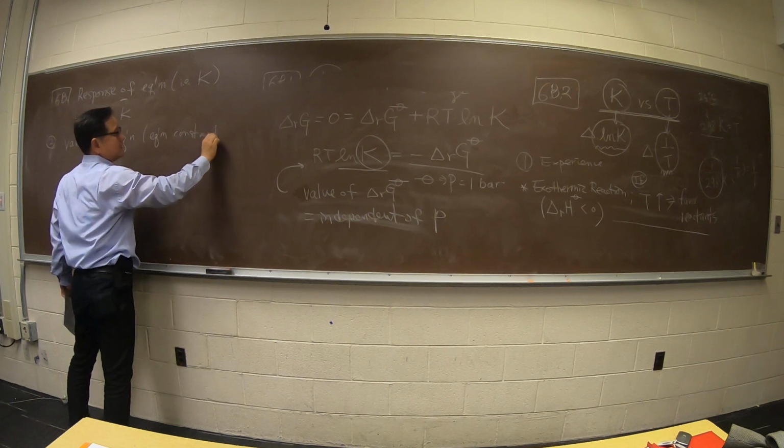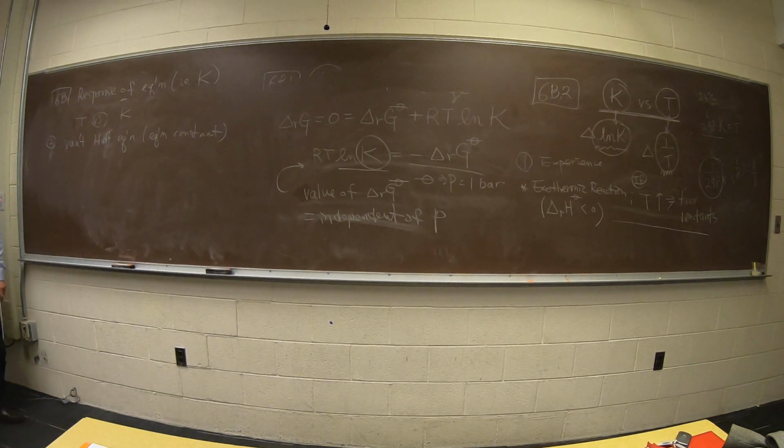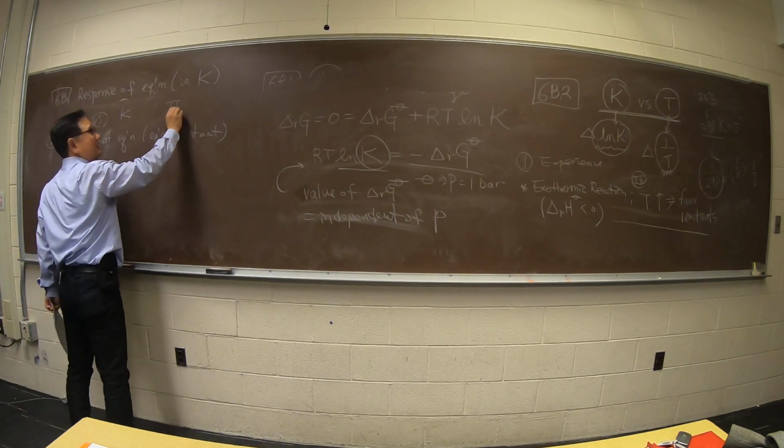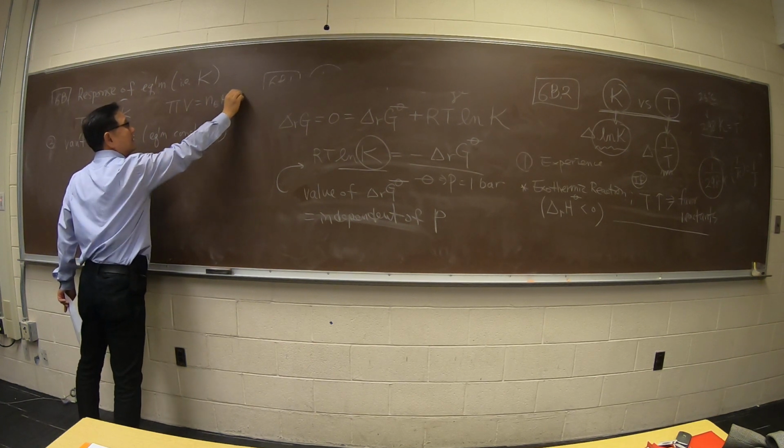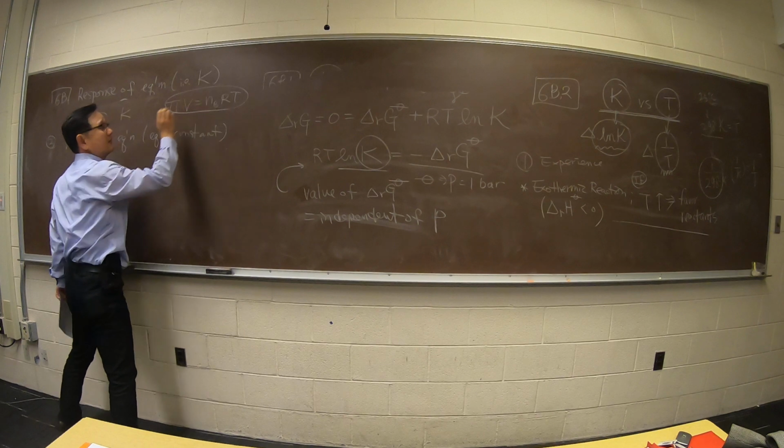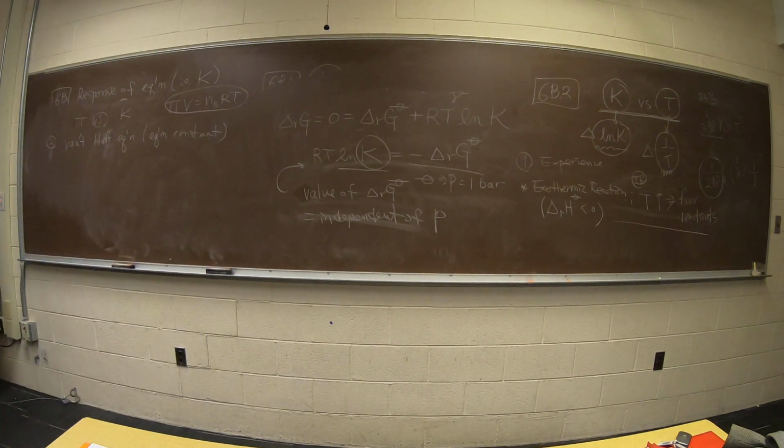Remember we also talked about the van't Hoff equation for the osmotic pressure. That was what? Pi V is nRT. That was a van't Hoff equation, right? And this is a different van't Hoff equation. So he actually got a lot of meaningful results, describing different kinds of properties.